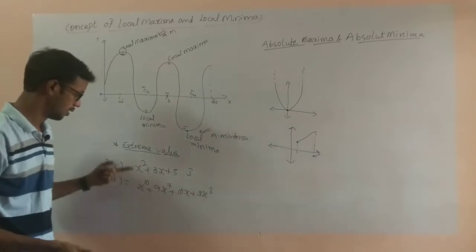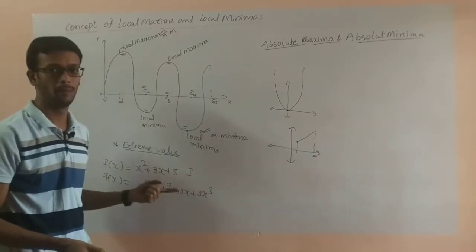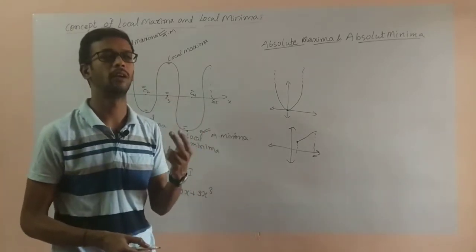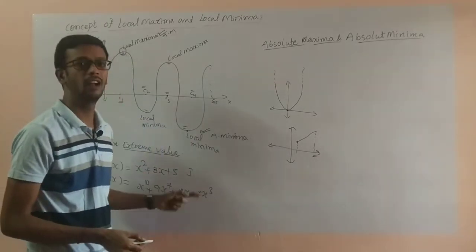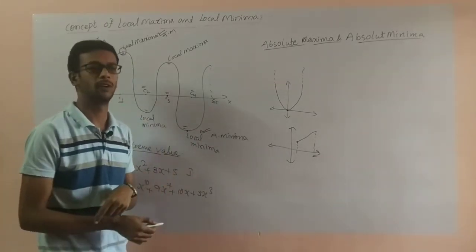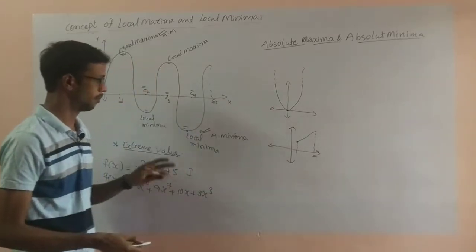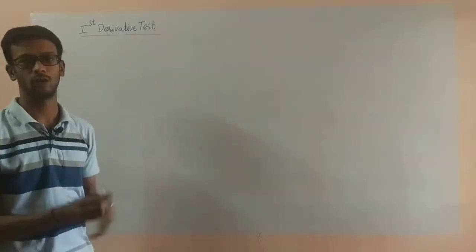Next, for this type of problems using the derivative concept, we have two tests. By using these tests, simply we can find the maximum value and minimum value: the first derivative test and the second derivative test. So pause the video to note it down. We'll continue. First derivative test.